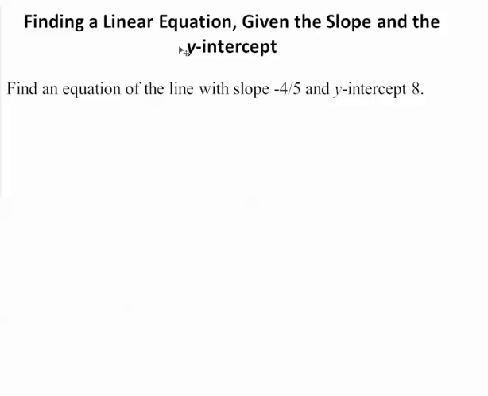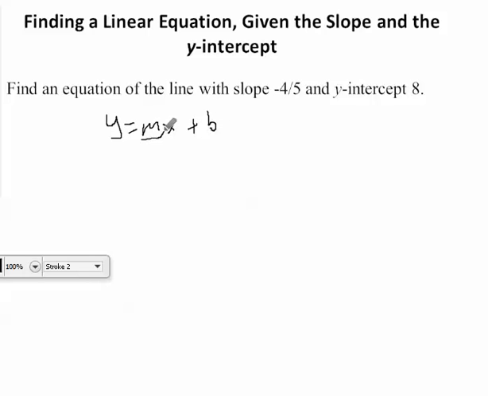So, find a linear equation given the slope and the y-intercept. If they give you the slope, the really easy thing to do is to write the equation in slope-intercept form. Okay? Especially since they're giving you the slope and intercept. We're going to say y equals mx plus b. Well, what's m?